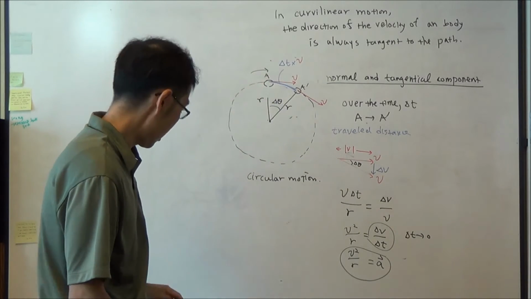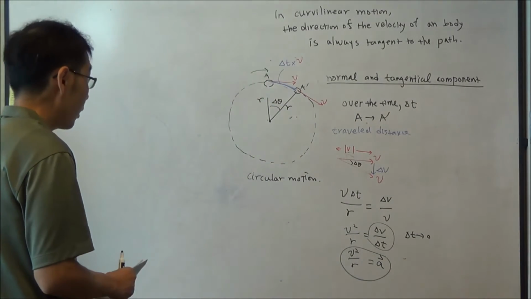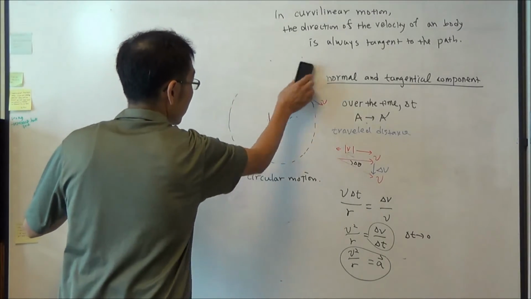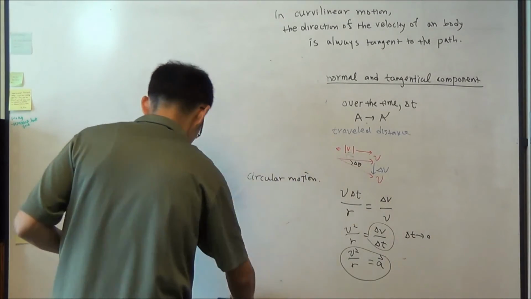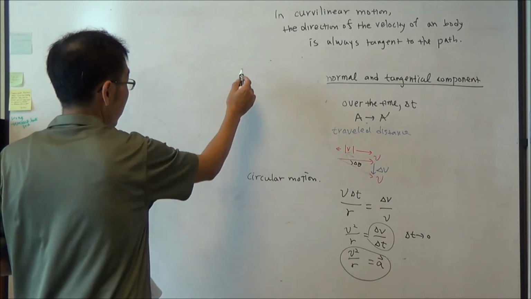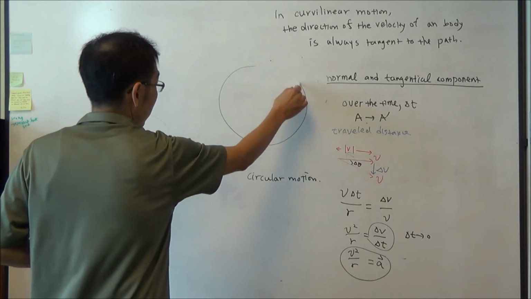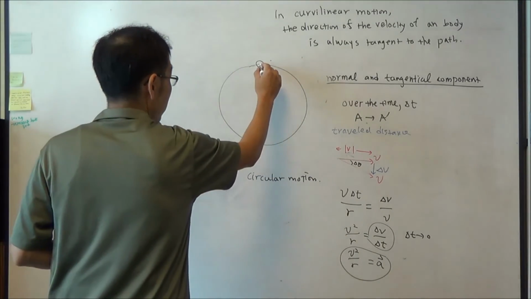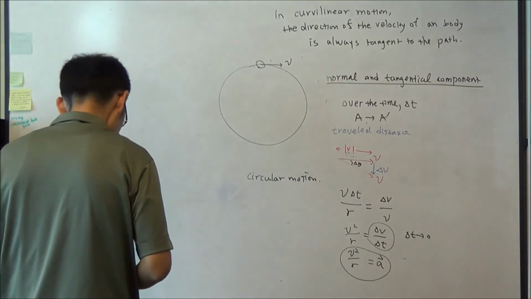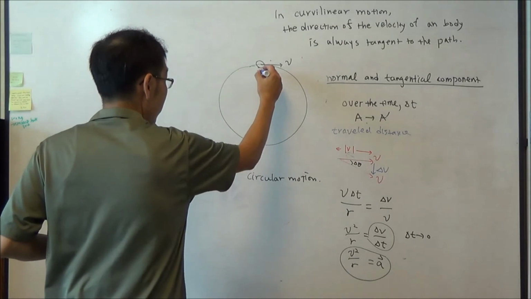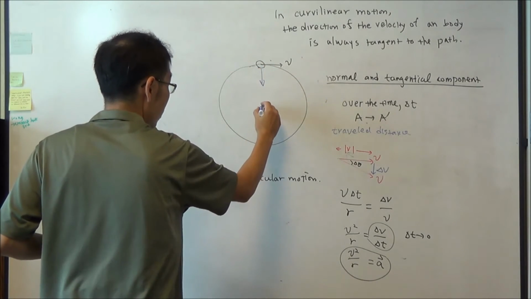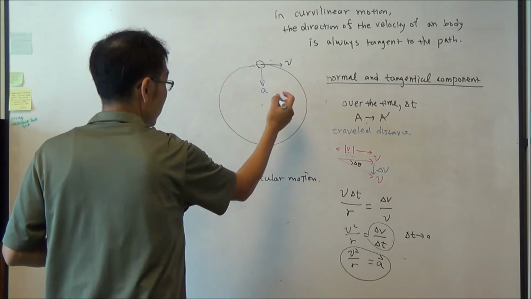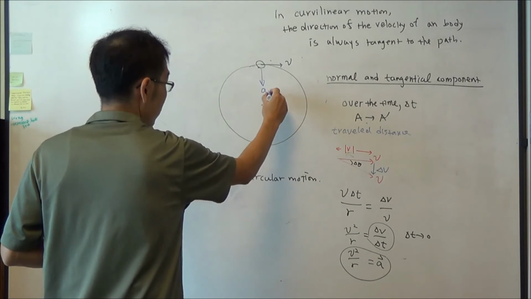So if I clean up this picture, then I can say that if the particle does circular motion with velocity v, the acceleration is always pointing to the center at a given moment. This is the normal acceleration, right?